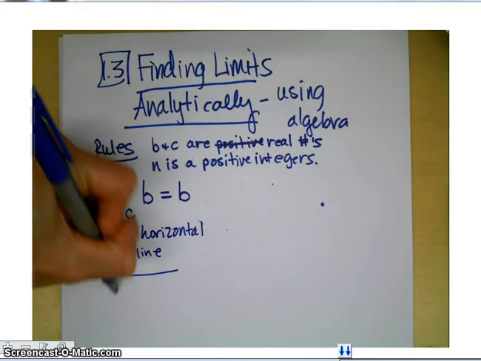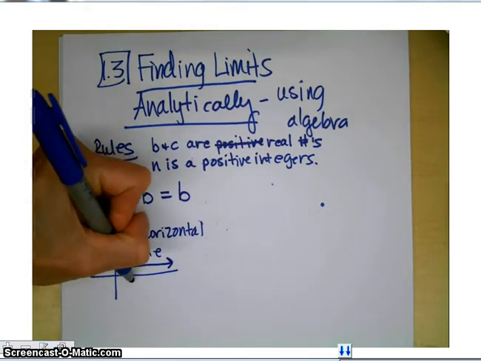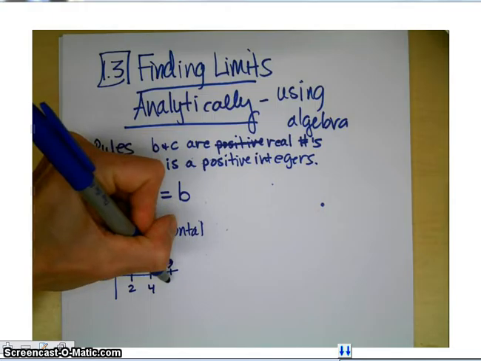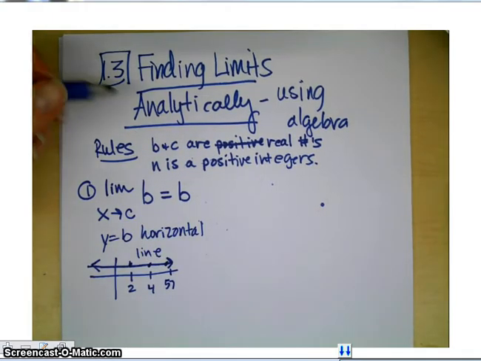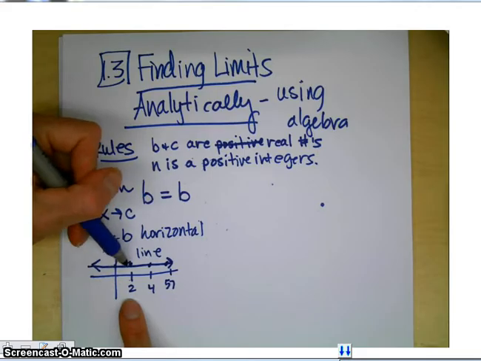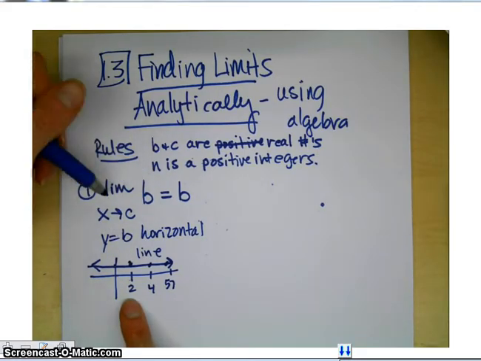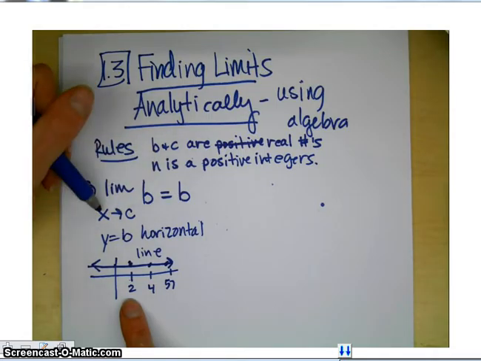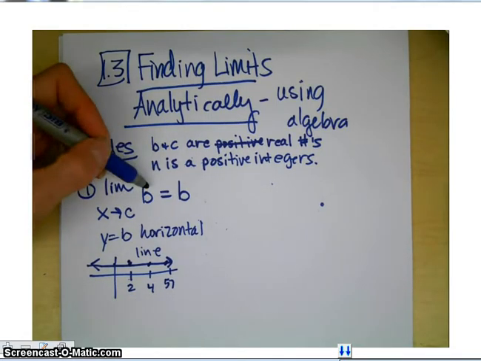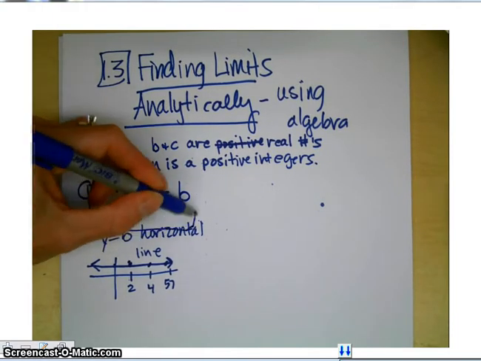The limit of any horizontal line as x goes to 2 or 4 or 57 is whatever that horizontal line is, isn't it? The limit as x goes to 2 is whatever that y value is, which is the value of B. So the limit as x goes to anywhere of a number is that number, because it represents the graph of a horizontal line. So that's the first rule you need to know.